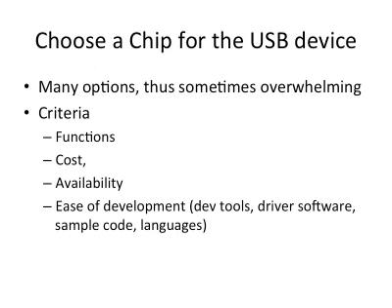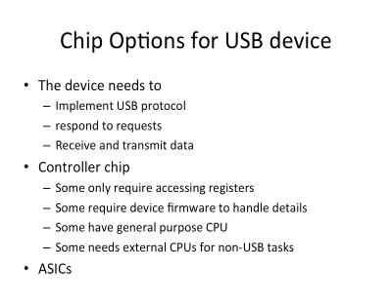Because there are so many such controllers, selecting a good one is an important design decision you need to make at an early stage. There are different criteria for selecting such a controller chip. For example, function, cost, availability, and also ease of development, which includes whether you have well-supported development tools and example code, and what languages the example code uses, etc.